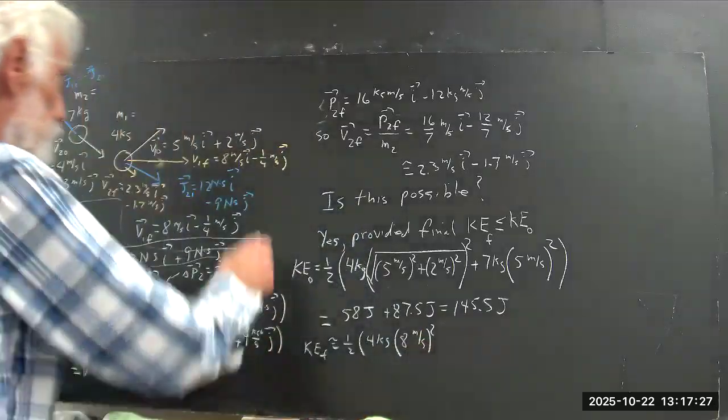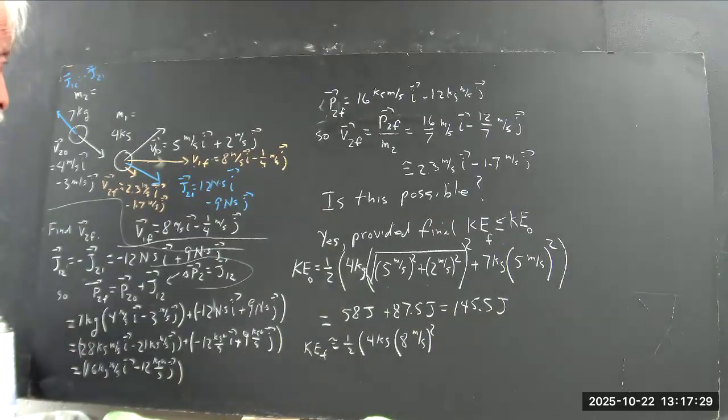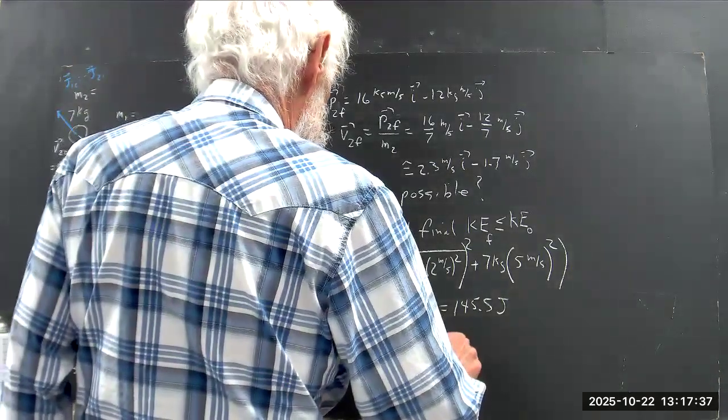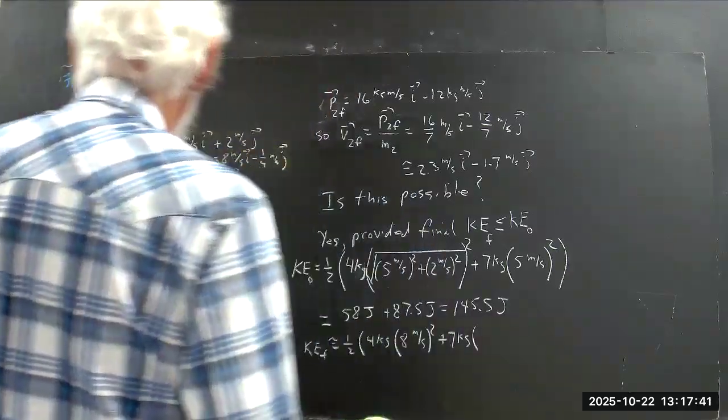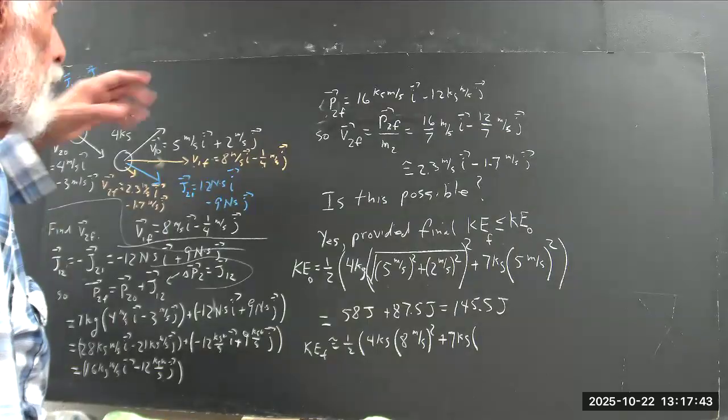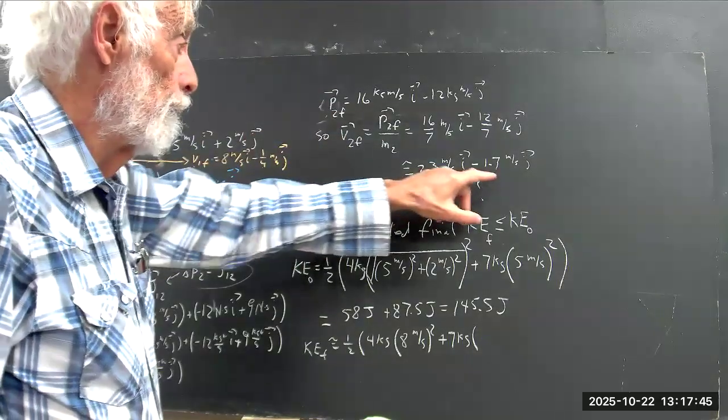Say it's approximately equal to, because I'm ignoring that 1/16 of a meter squared per second squared there. And then you're going to have your 7 kilograms times your final velocity here.